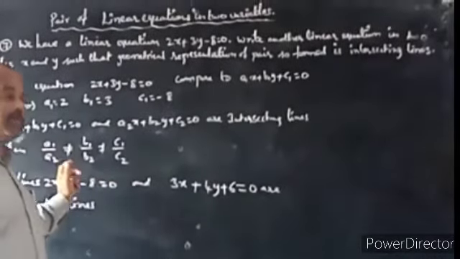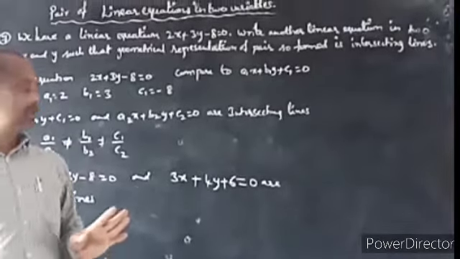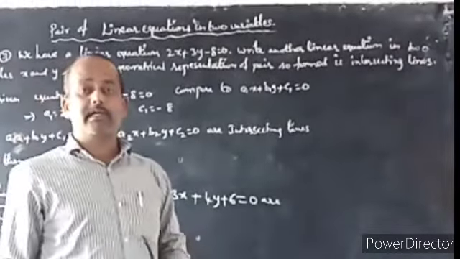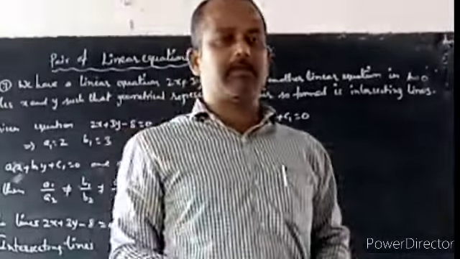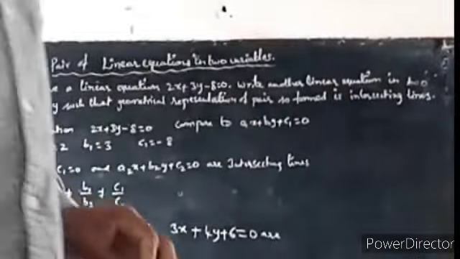So multiply with the same number, then we get parallel lines. Next, coincident line means the total equation is multiplied with a constant number. It gives coincident lines.